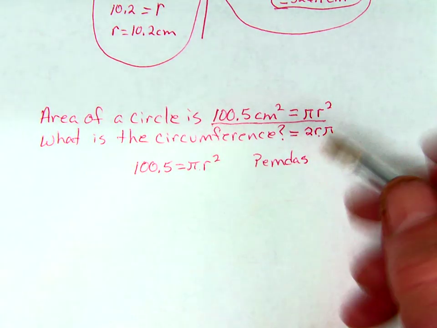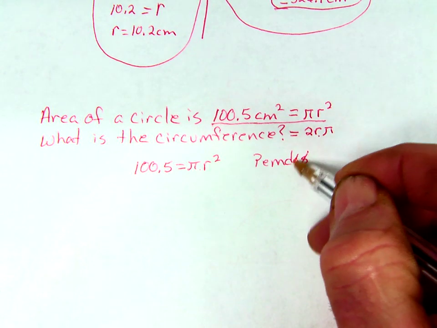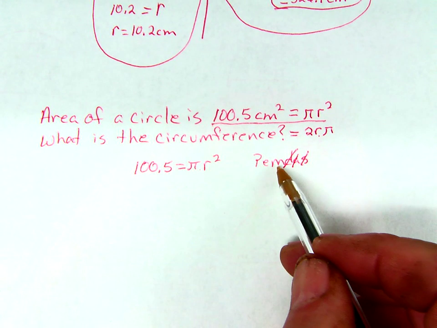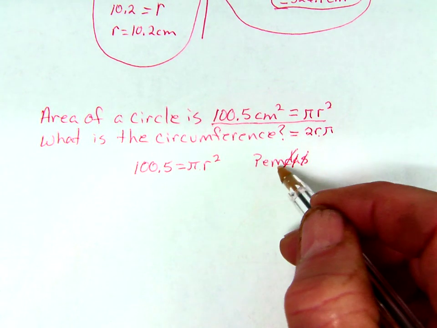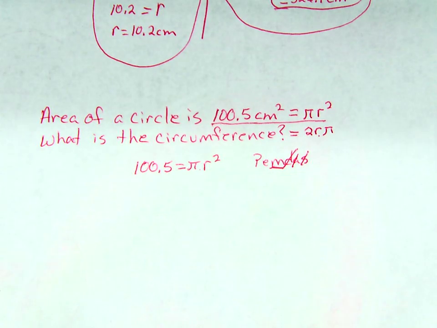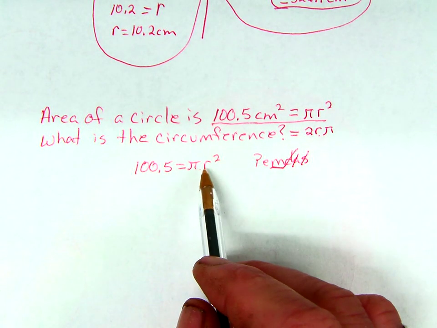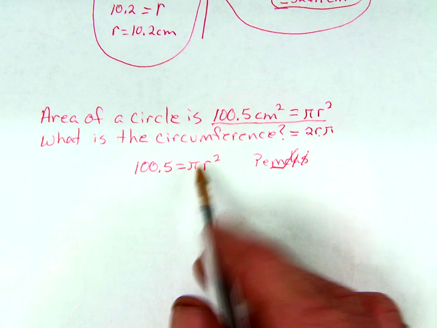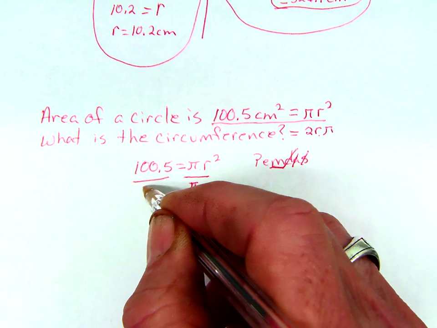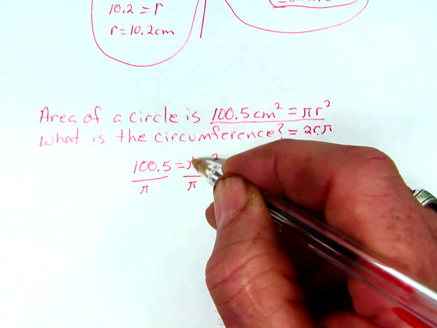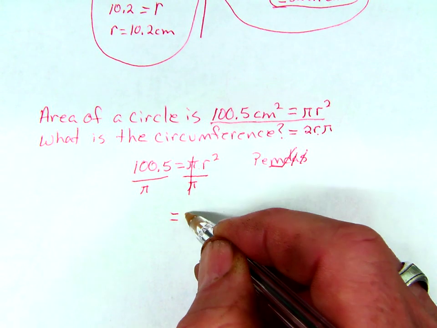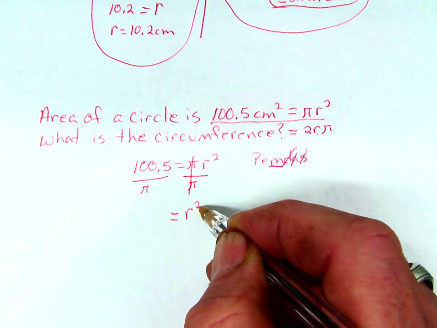There's no subtraction, no addition, no division going on. There is multiplication going on, so I need to take care of that first. The r squared is being multiplied by pi, so I need to divide by pi, the opposite operation. That means that pi goes away from this side, and I have r squared left.